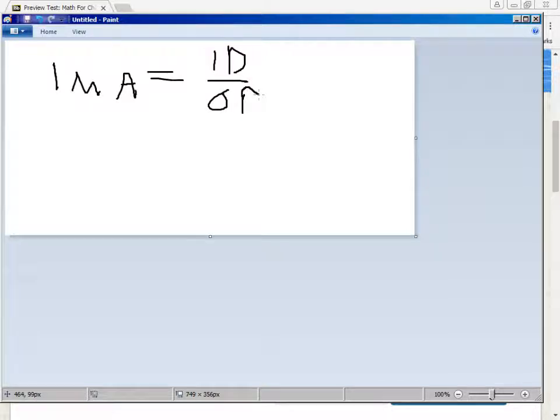We did this yesterday too, right? And so the first one is simply if you take output distance times IMA equals input distance, and that's how you solve for input distance on here.